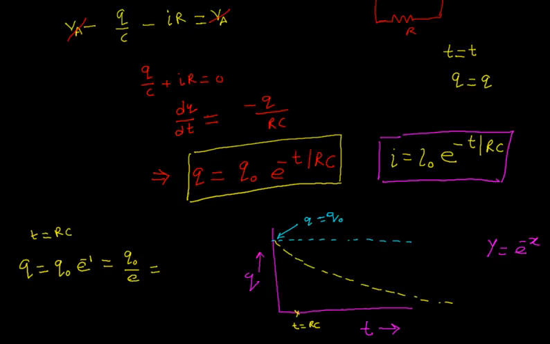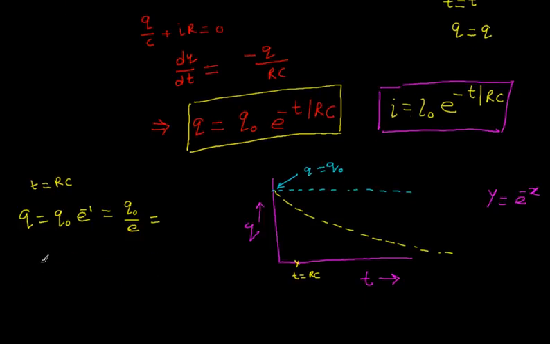And at t is equal to 2 RC, what will happen? Your q will be equal to q naught by e square.